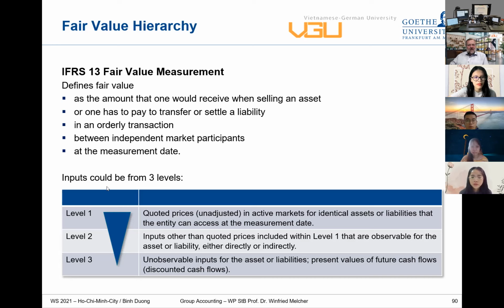The IASB observed that there can be 3 levels from which you take the input for a fair value. So the easiest one is level 1, because on that level, you will see quoted prices in active markets for identical assets or liabilities that the entity can access at the measurement date.